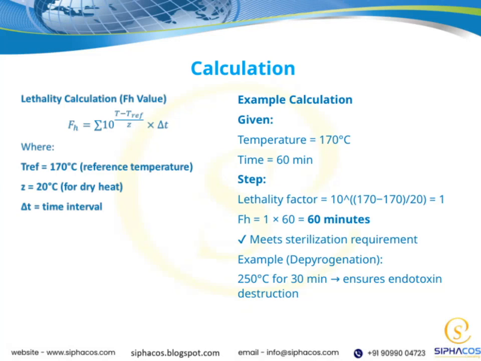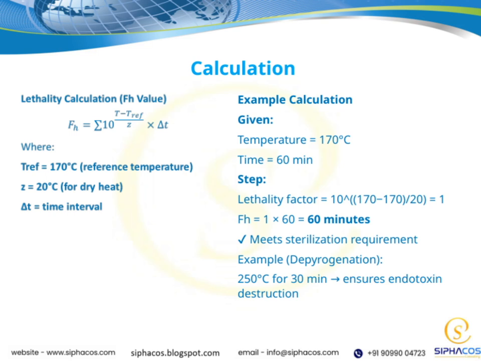Let's walk through this example calculation. Given that the temperature is 170 degrees Celsius and the process time is 60 minutes, we start by calculating the lethality factor. The formula here is 10 raised to the power of (temperature minus 170) divided by 20.